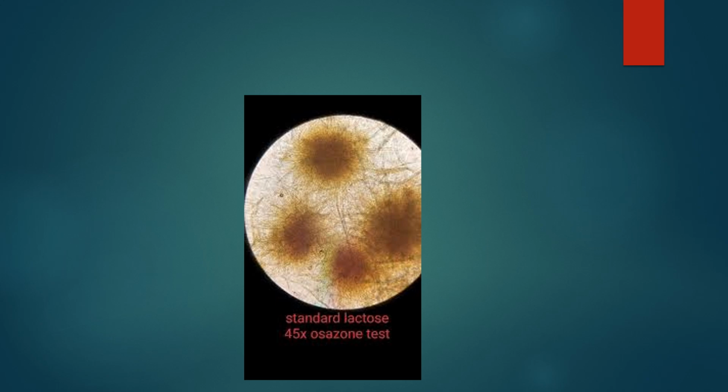Okay, before we shift to test number 2, this is a picture of lactosazone crystals. It's shaped like a cotton ball. This is a clear picture. You can see them under microscope.